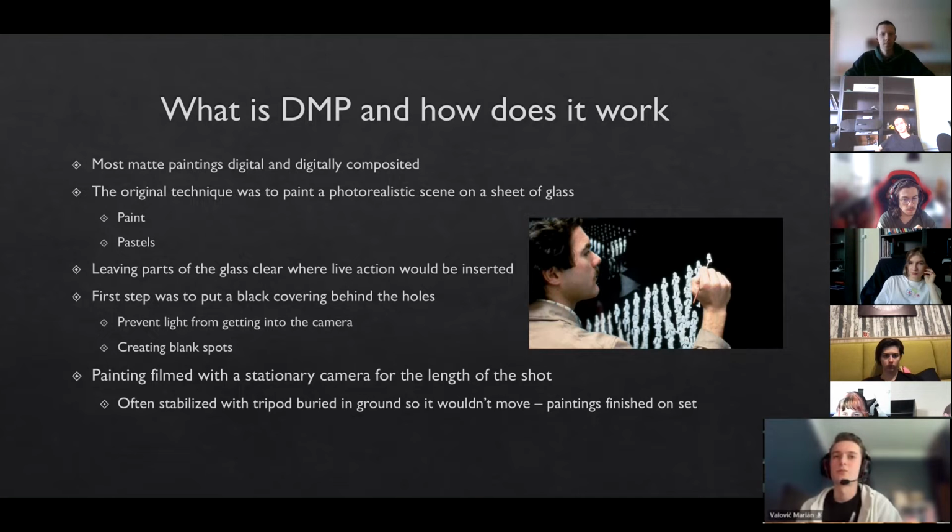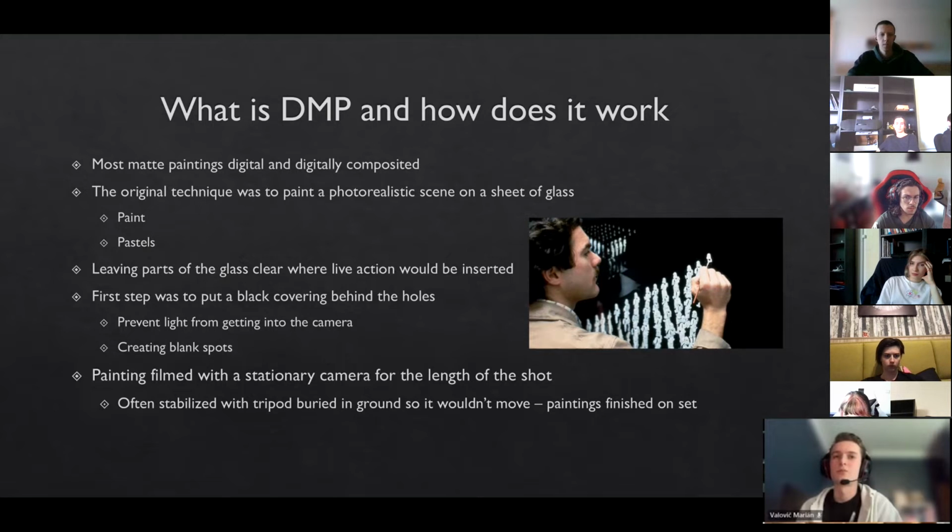So later it could be exposed again, and this time it was inverted with only the part of the image where set was to be covered with black, and other parts would be uncovered, and instead there would be the painting, which, for example, is what he did with the stormtroopers.